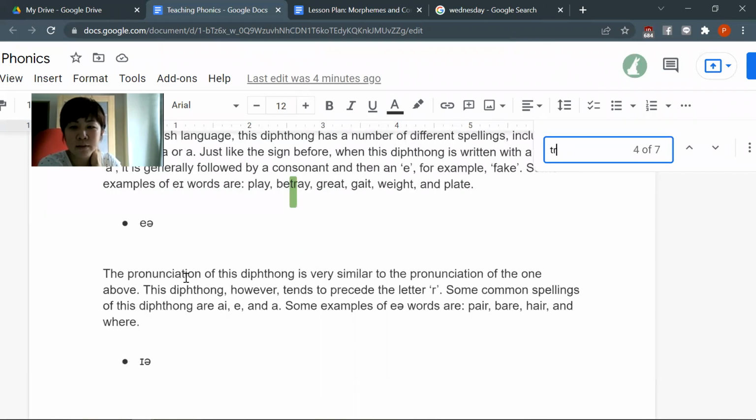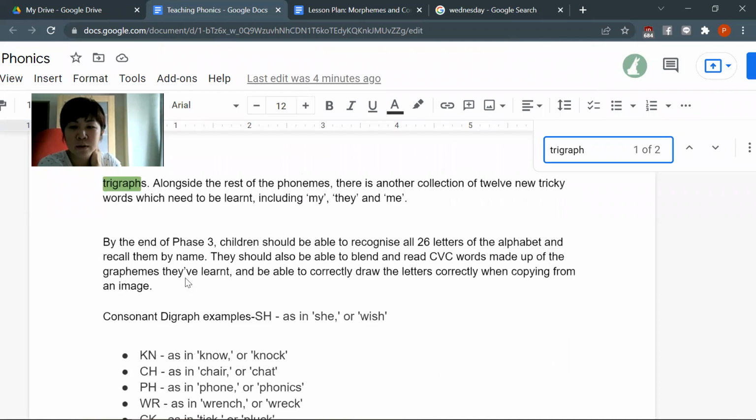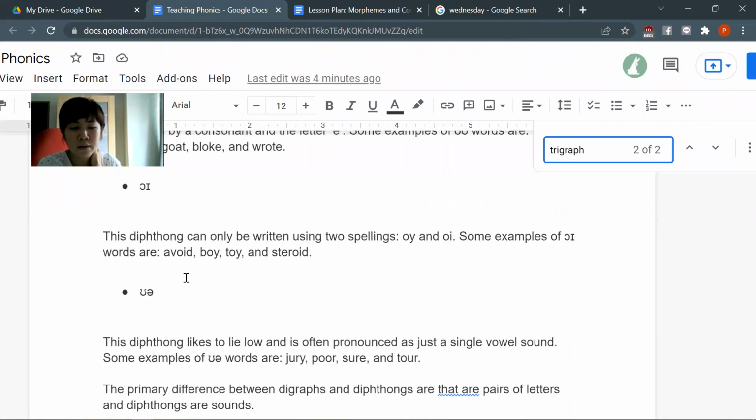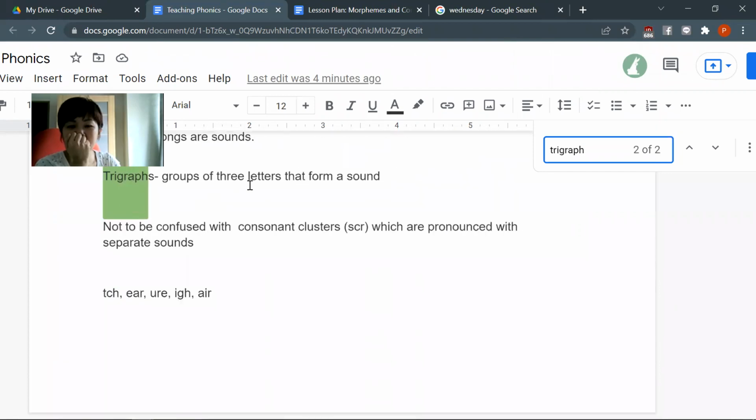Trigraph. I have it here somewhere. Anyway, trigraphs are groups of 3 letters that form a sound. So not to be confused with consonant clusters. What was the example you gave me? Strawberry. So strawberry is actually a consonant cluster.